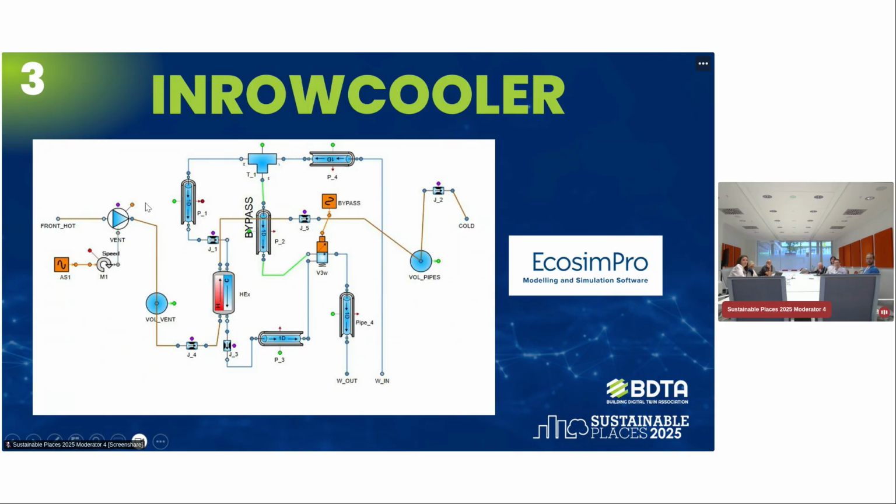And in this case, Pablo introduced some pipes, to try to view the circuits and the three-way valves the same. So the circuit is the same, but in EcoSimPro and Simulation X. We are trying to simulate the same circuit, the same model, in the same conditions, and discover if the results are the same. For the moment, it's really similar, but we are working on it.